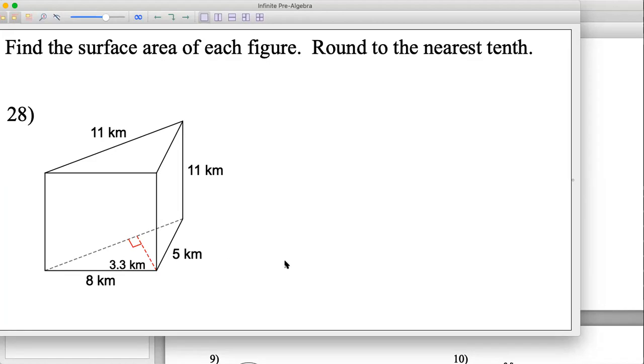The red square touches the base and the height. So what's the base and the height of the triangle? It sure looks like it's 8, but does the side 8 touch that square? What sides touch the square? There's 2 sides that touch the square. What are the 2 sides? 11 and this length right here. Look at the board. What's that length? That's the base and the height.